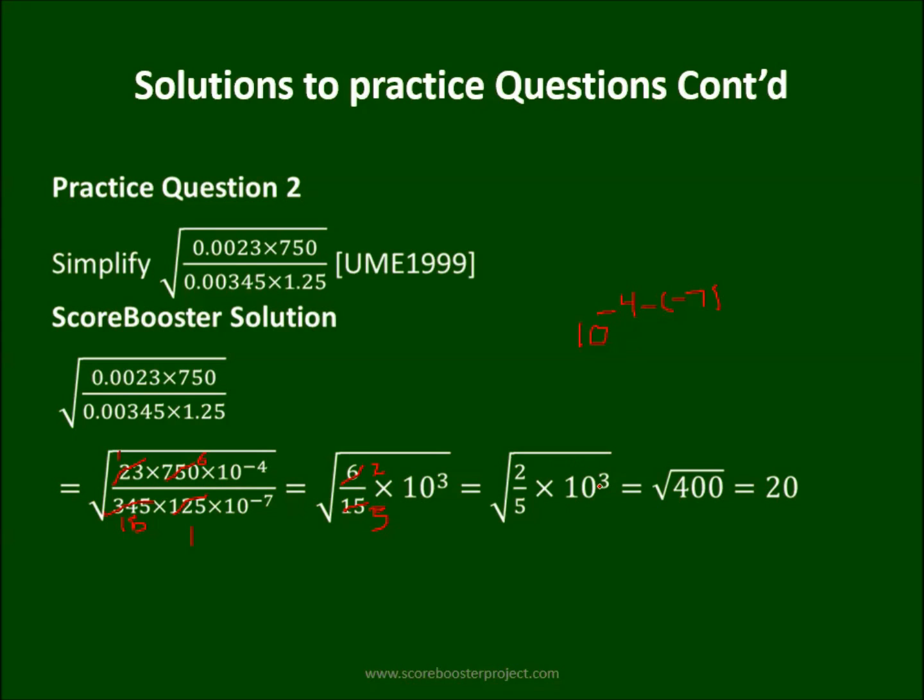So 10 raised to power 3 is 1000, and 5 in 1000 you have 200. So we have the square root of 2 times 200, which is the square root of 400, and the square root of 400 is 20. So your answer is 20.